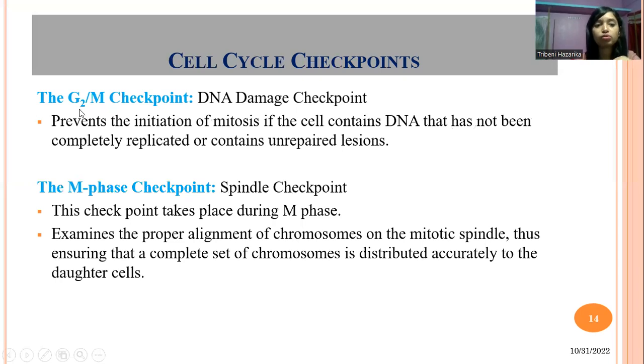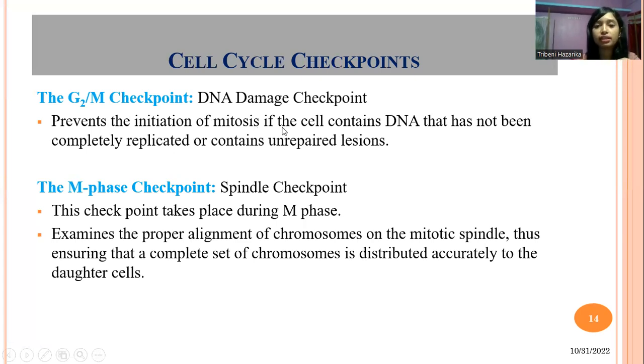Now coming to the G2 checkpoint. The G2 checkpoint helps us to check whether the DNA has been properly replicated or not, and whether the proteins, enzymes, and ATP are properly synthesized or not. So this is checked by the G2/M checkpoint. And if the DNA has not been properly replicated, or if the cell contains any damaged DNA, then it prevents the initiation of mitosis.